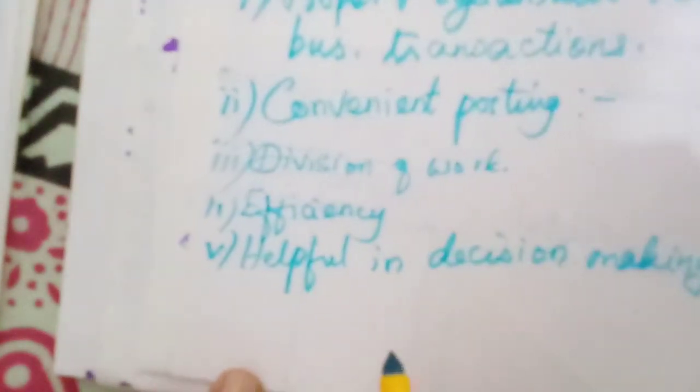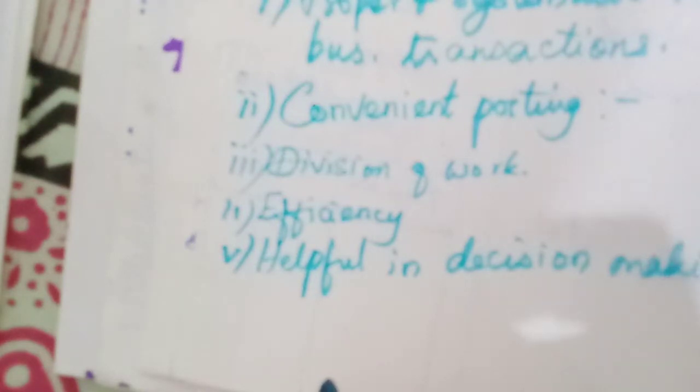Then the next one, helpful in decision making. Here the management is getting the advice of the staff who prepare the purchases book, sales book, purchase return or sales return. Sales return will reduce our income, isn't it?